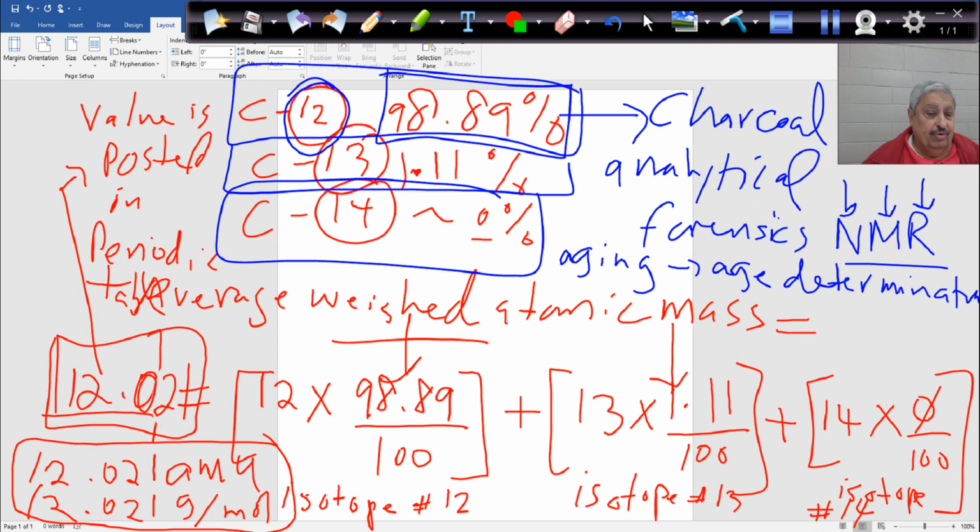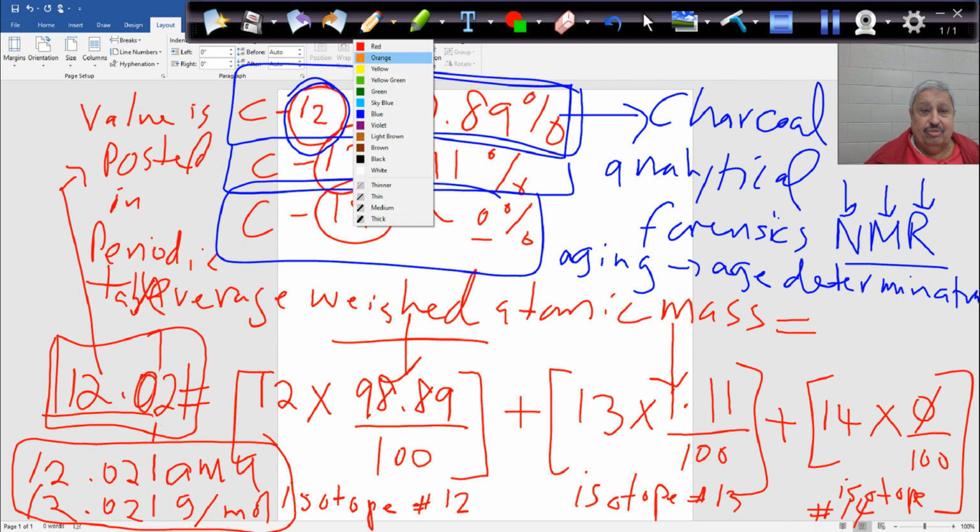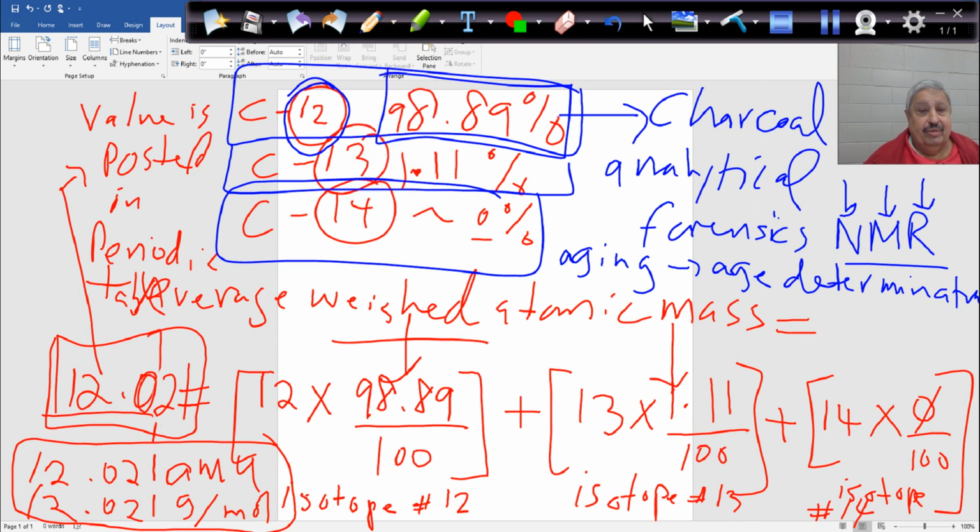So we know now the periodic table posts only the average atomic mass, not the normal mass. If I ask what the average atomic mass of this is, I'm not saying weight, I'm saying give me the abundance.